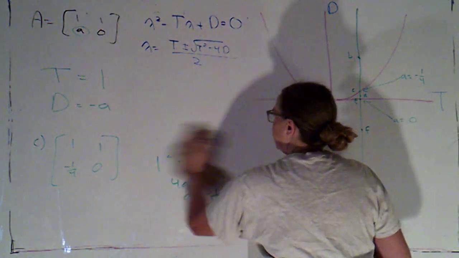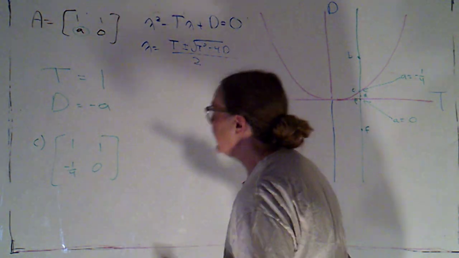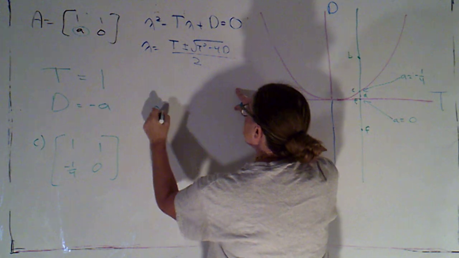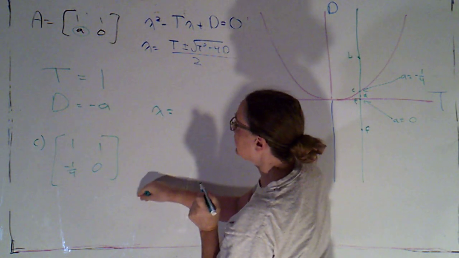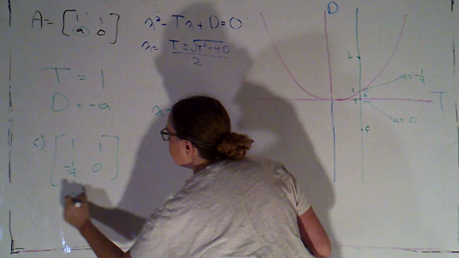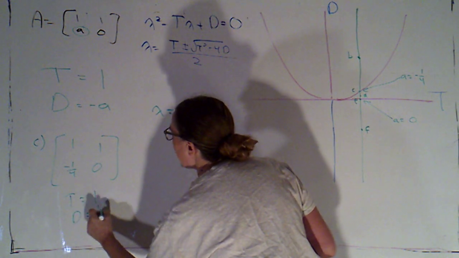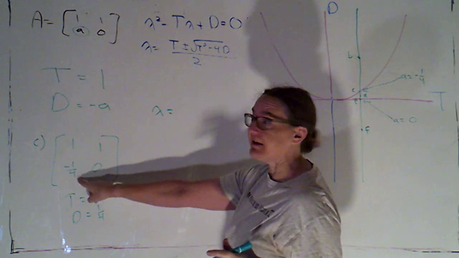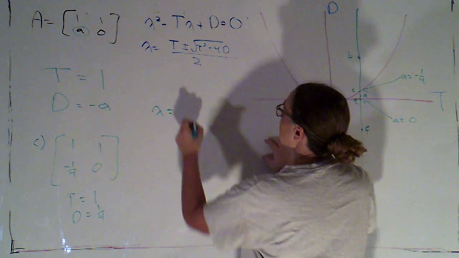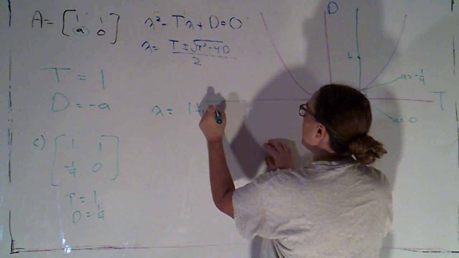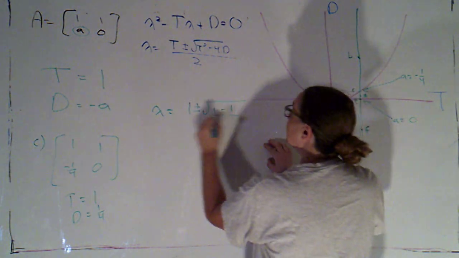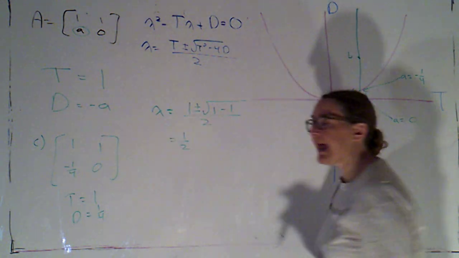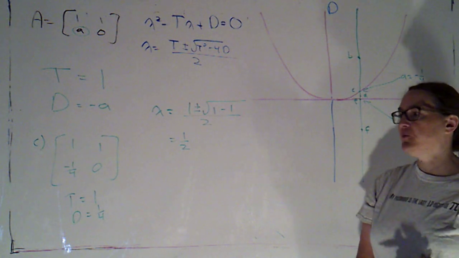Now, if I look here, my eigenvalues are going to be, I'm just going to plug in, let's see, so t is 1, d is now positive 1/4, okay, because it's the opposite of a, and a is negative 1/4. So lambda is going to equal 1 plus or minus the square root of 1 minus 1 all over 2. So lambda is equal to 1/2. That's the only eigenvalue we have.